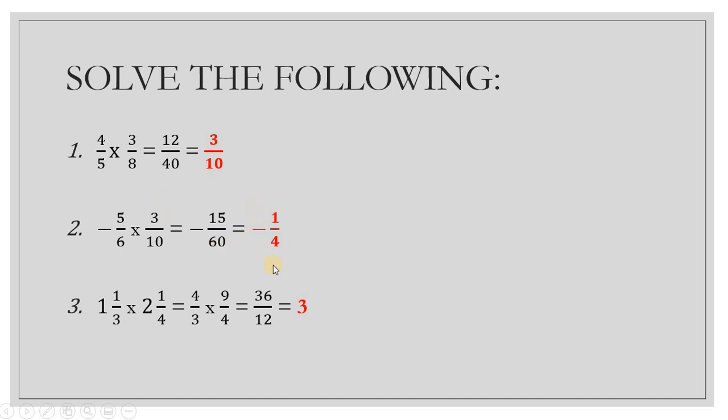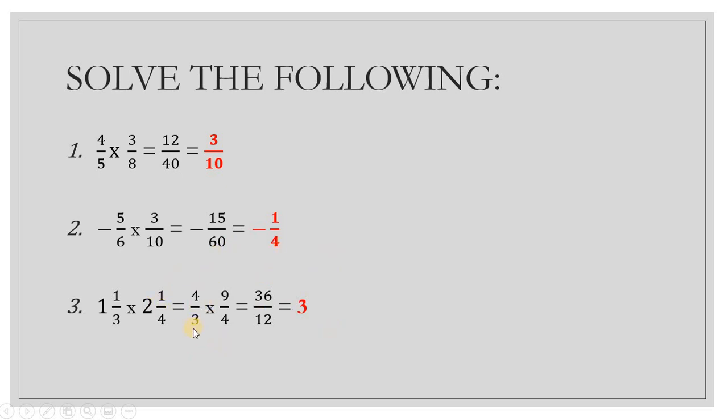So, bakit negative yung final answer natin? Because different signs yung ating minumultiply. Kaya negative yung product natin. And then for number 3, 1 and 1/3 times 2 and 1/4. So we have to convert this into improper fraction first before we multiply.